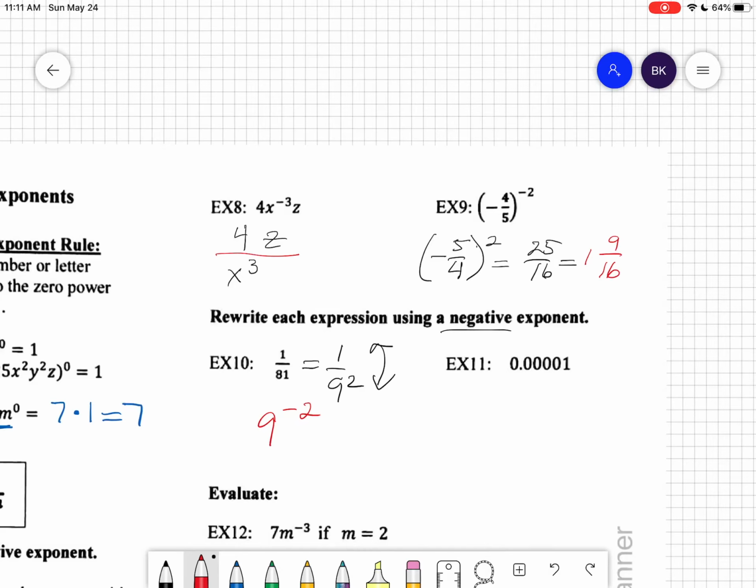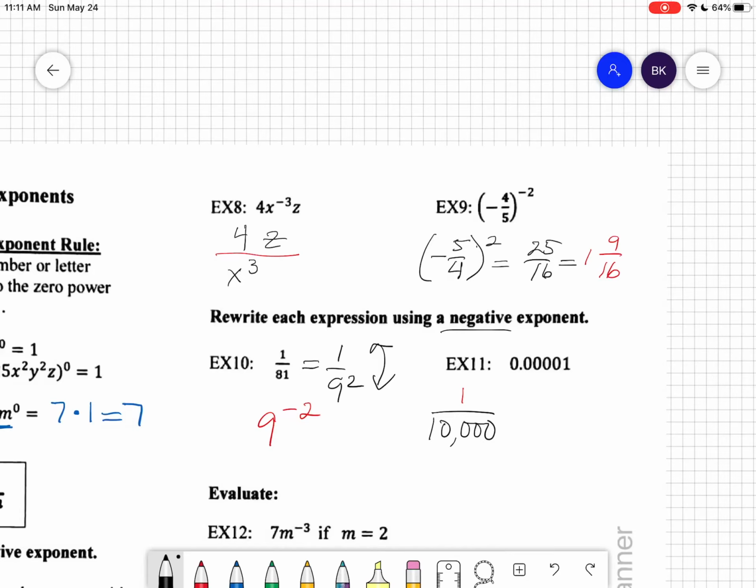Example 11 is a decimal. Now, it's not a fraction, and I need to take a reciprocal of something, and I can't take a reciprocal of a decimal. So let's rewrite it as a fraction. It's going to be 1/10,000, right? 1 with 4 zeros is 10,000.